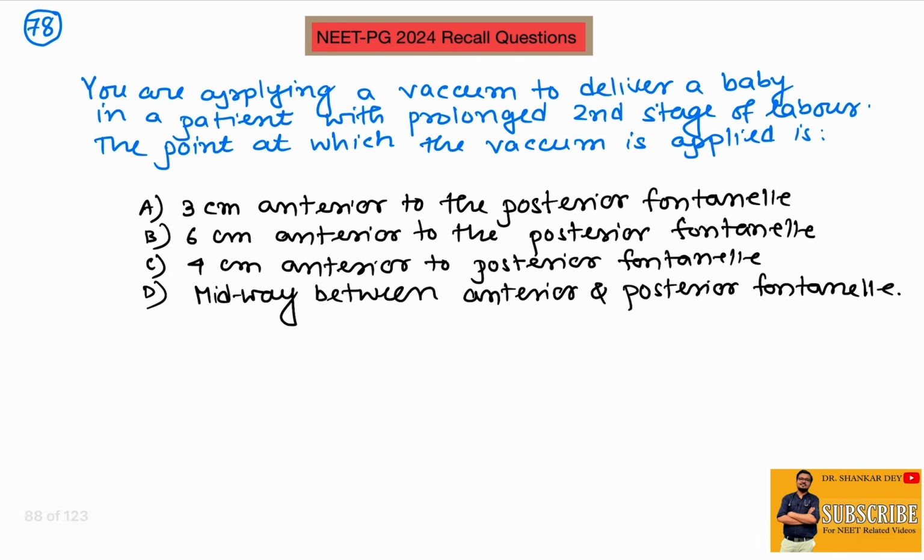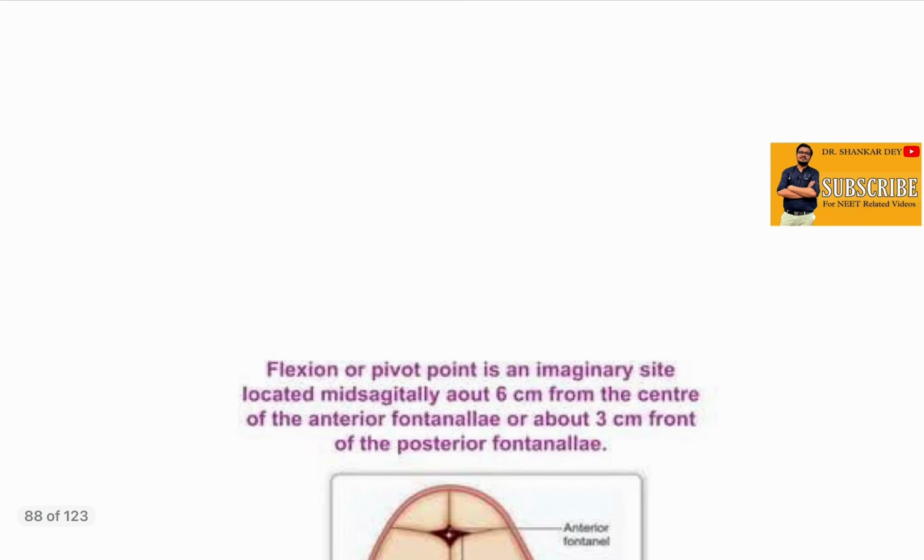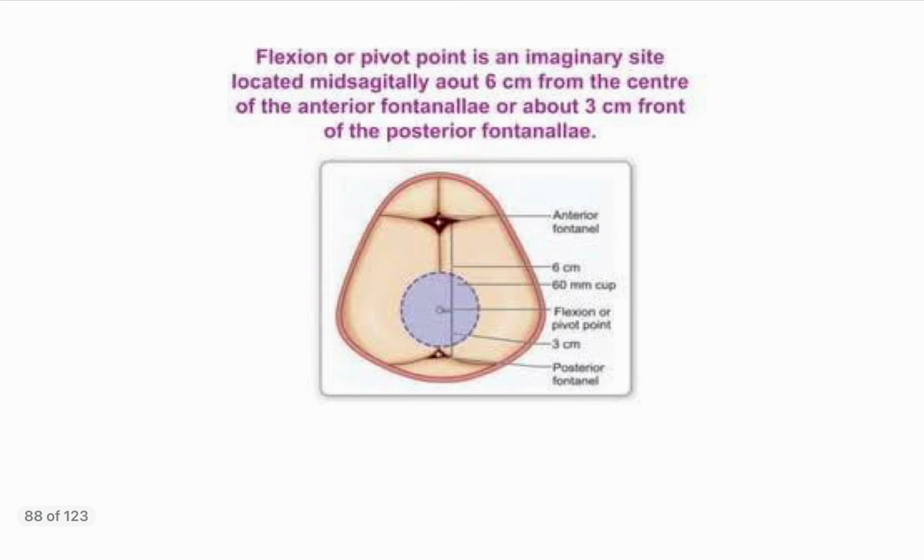The definition is different, you can read it from your book. Question number 78, you are applying a vacuum to deliver a baby in a patient with prolonged second stage of delivery. So this is vacuum delivery, and you have to apply the cup at the right point. See, this is the cup.